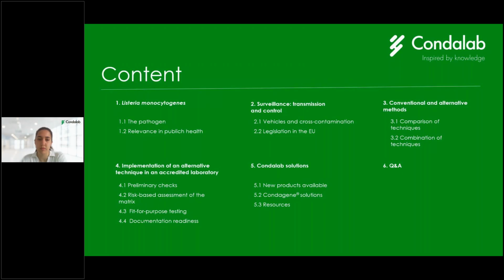We are going to talk, of course, about conventional and alternative methods, a comparison of techniques, but also the combination of both, how we can use them simultaneously. And then for the implementation of an alternative technique in an accredited laboratory, the preliminary checks. This is just a guideline of the steps you can take to use an alternative technique in your laboratory that is not as long as a full validation.